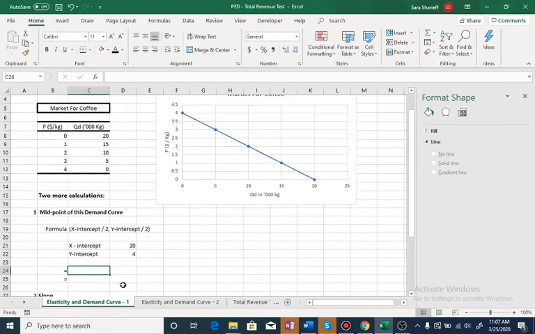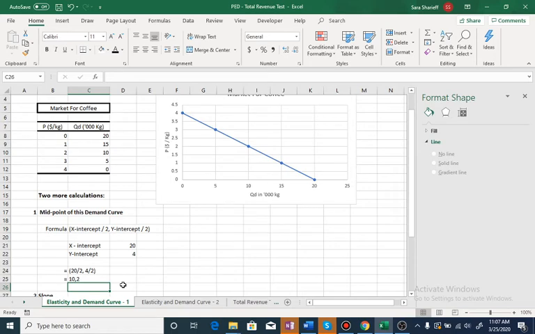Let's plug these values in the formula. X-intercept is 20 divided by 2. Midpoint is 20 divided by 2 and 4 divided by 2. Your midpoint is 10. At the midpoint, value of the variable on the x-axis is 10,000 kgs and value of the variable on the y-axis is $2 per kg.